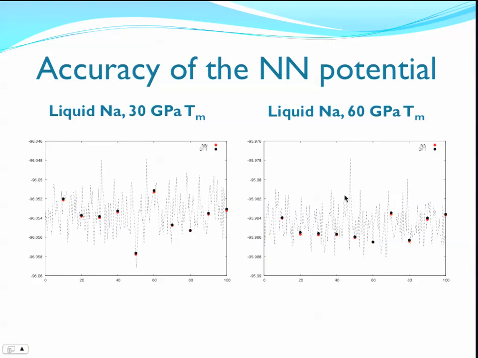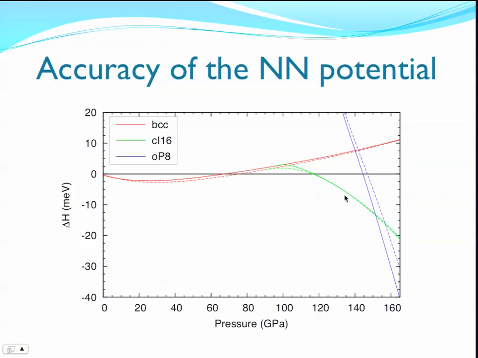For example, if you look at the energies obtained in the course of molecular dynamics simulations at different temperature and pressure, you see that neural network energies represented by red dots and ab initio energies represented by black dots are essentially the same. The difference between them is much smaller than the difference in energy fluctuations at this temperature.